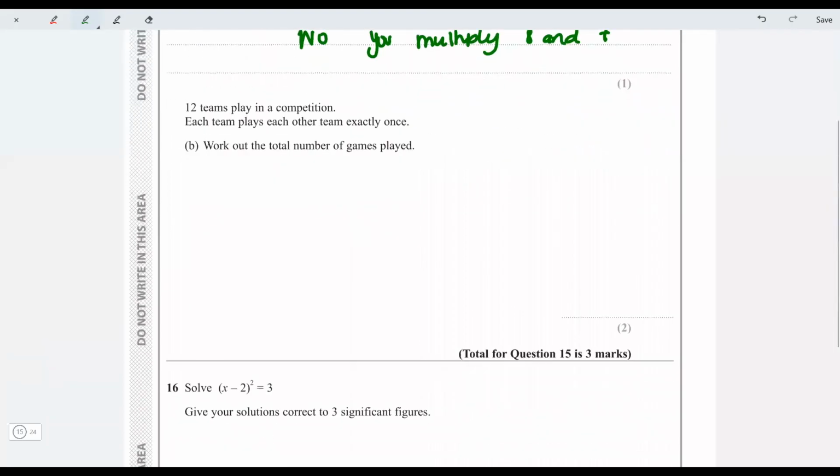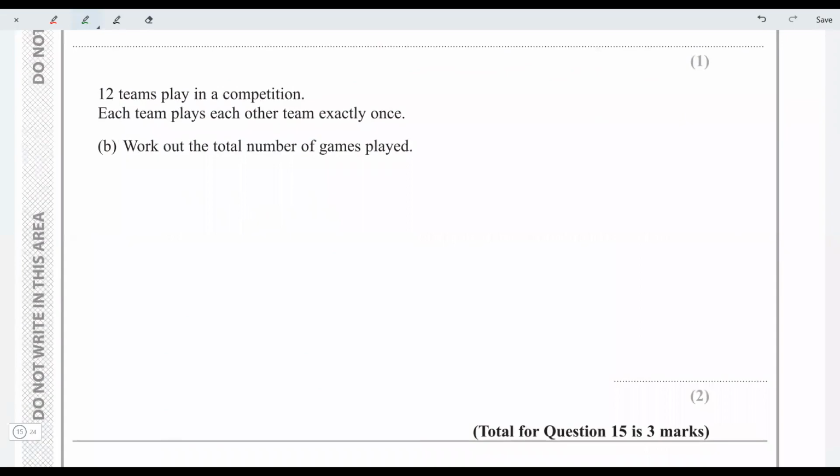So let's do this one. We've got 12 teams playing a competition. Each team plays each other team exactly once. And then we have to work out the number of games they have played. Right.